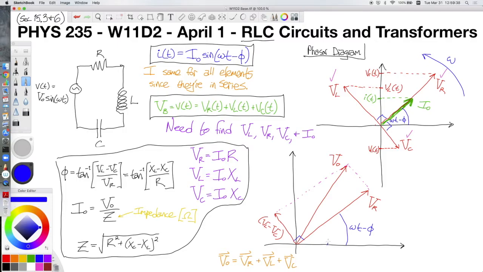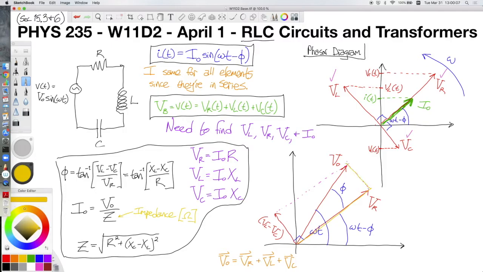But the angle up to V0 is still the same omega t that it was before, so that must mean the angle between V0 and V sub R is phi. So hopefully you can see some of the triangles we're dealing with here that helped us find these formulas for phi. So I will outline one of these triangles in yellow real quick.